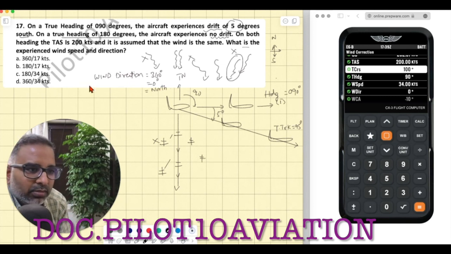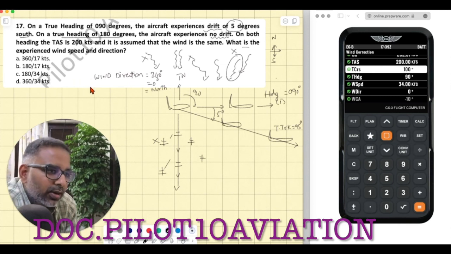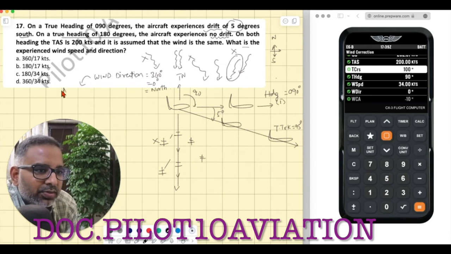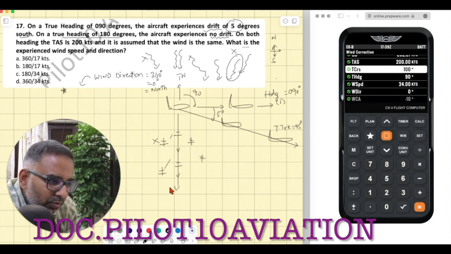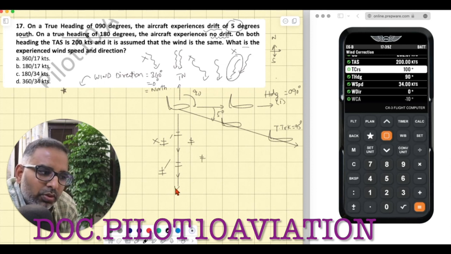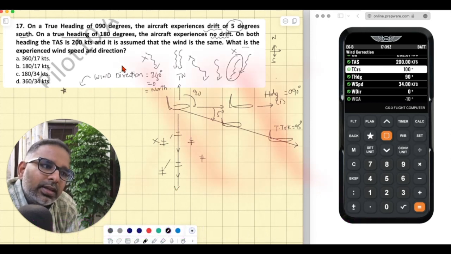Now see, this is a very important thing to remember. Here, the wind is going from north towards south, right? So do you call the wind 180?